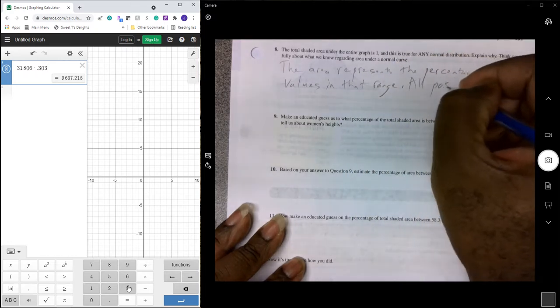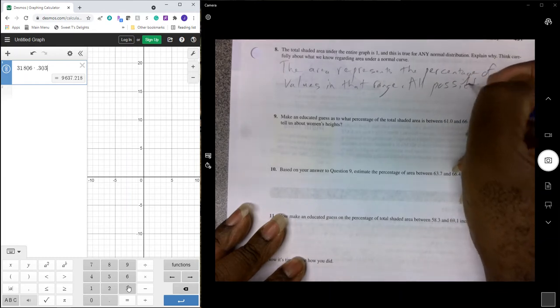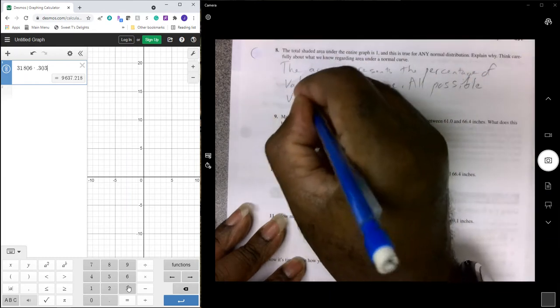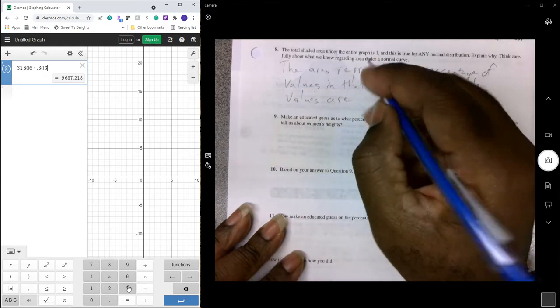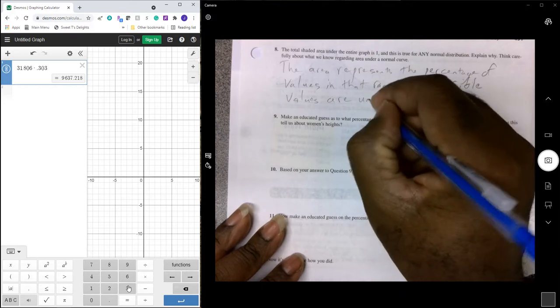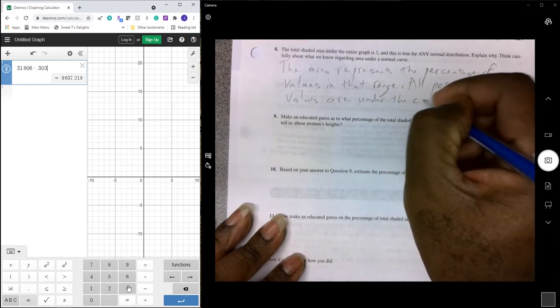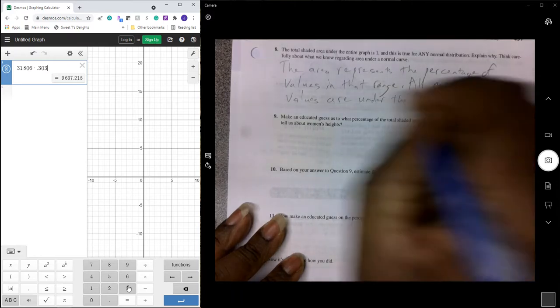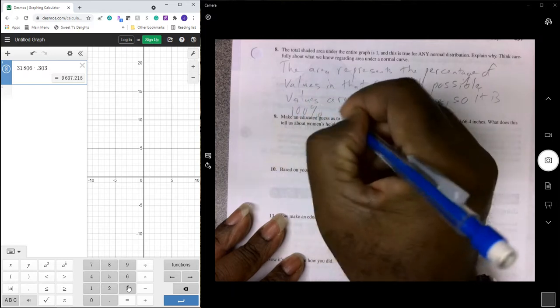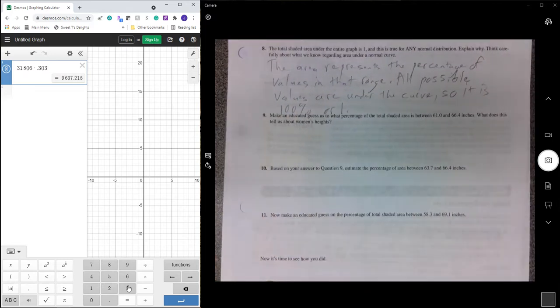All possible values are under the curve, so it is 100% or 1. So if all values are there, we know all means 100%, and 100% written as a decimal is just 1. So that's how we know it's 1 under that value.